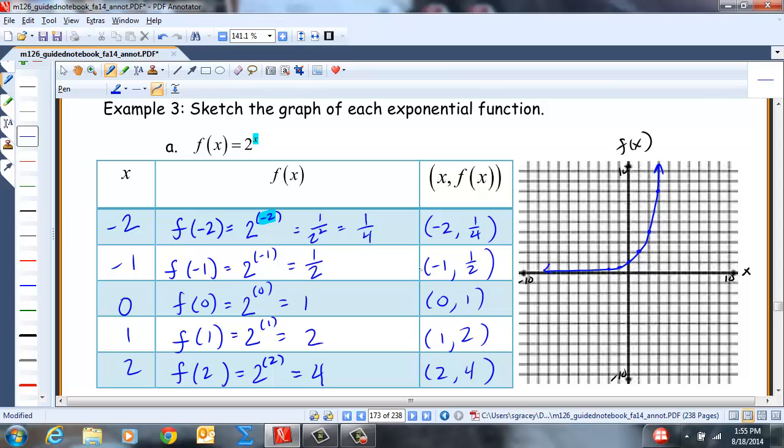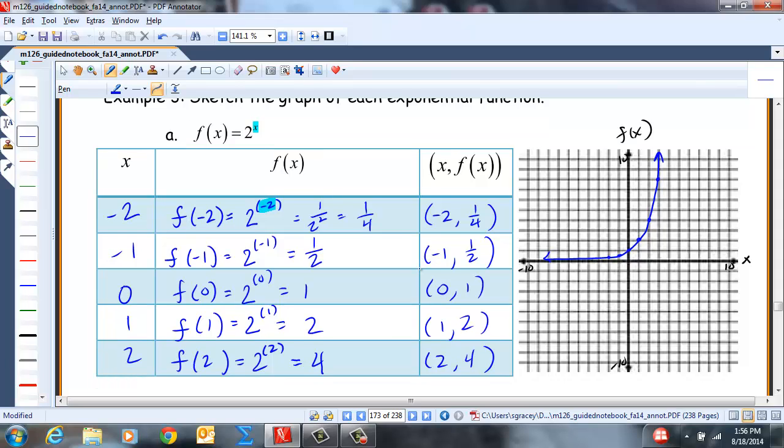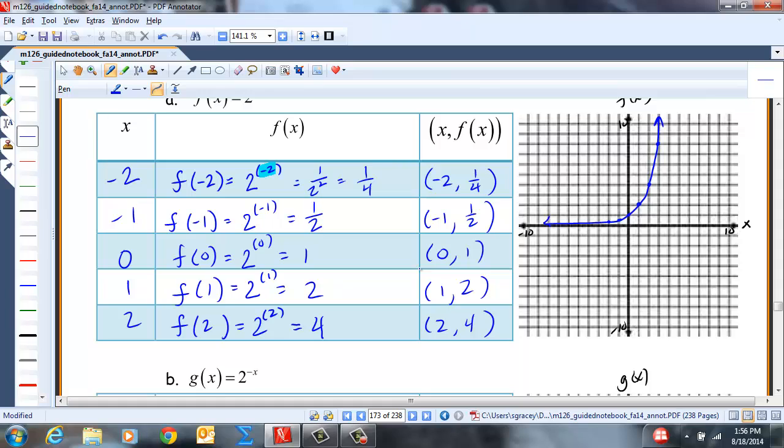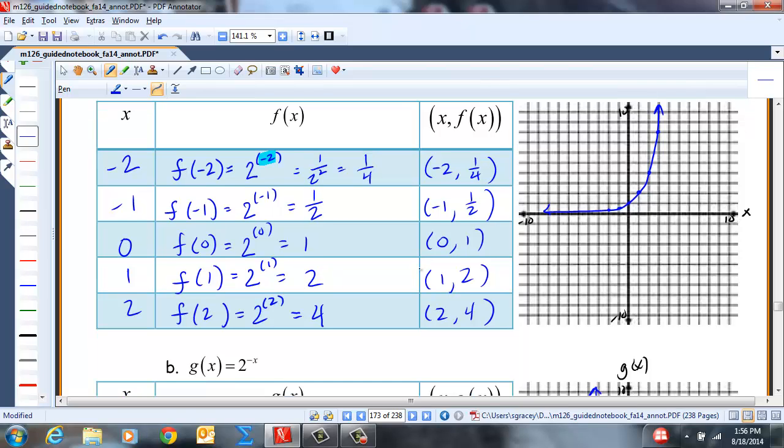As we move from left to right, the graph is going up, it's increasing. It's 1 to 1, and you've got those ordered pairs. a is 2, so you have -1, 1 over 2, which is 1 over a. You have 1 comma 2, which is 1 comma a, and you have 0 comma 1.